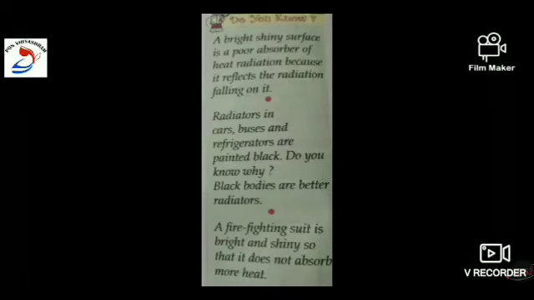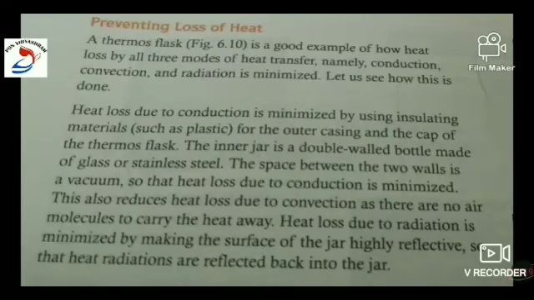Radiators in cars, buses and refrigerators are painted black. Do you know why? Black bodies are better radiators. A bright shiny surface is a poor absorber of heat radiation because it reflects the radiation falling on it. The firefighting suit is bright and shiny so that it does not absorb more heat.